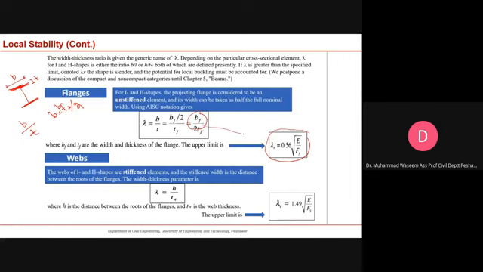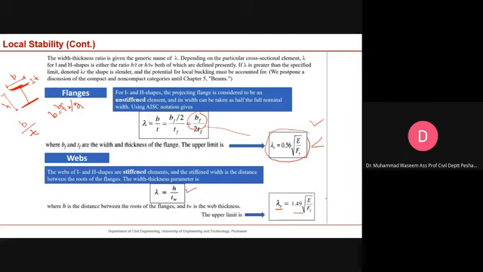If your value is less than this one, your cross section will be not slender. This is for the flange. For webs you have to follow this formulation. This is called h, and the thickness of the web, and you calculate this and compare it with this lambda r value.